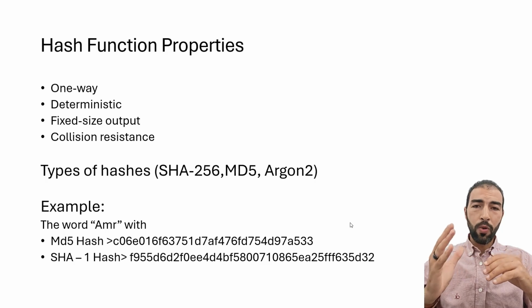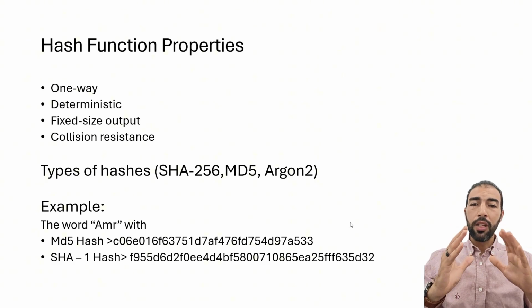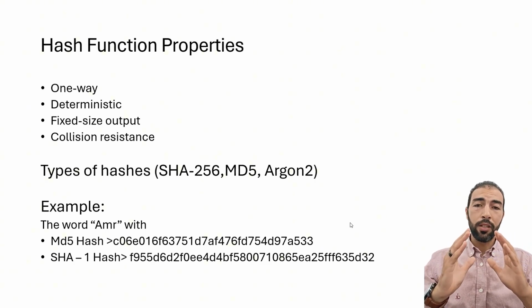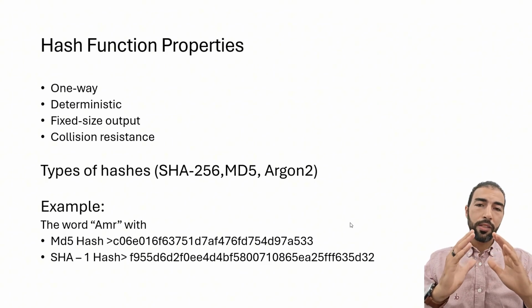We use them in Wi-Fi passwords, in email passwords, and in a lot of things, in your login, in Facebook, everything you use through the internet is encrypted by some kind of hash. And we can only verify it. We cannot detect or reverse this hash.